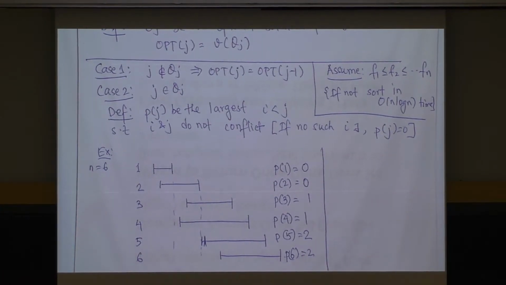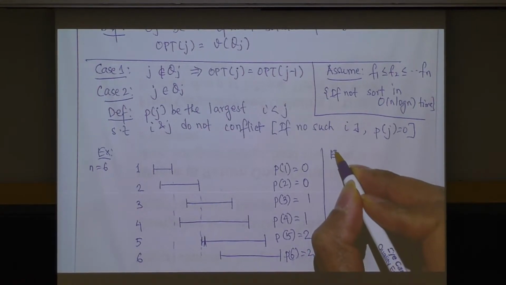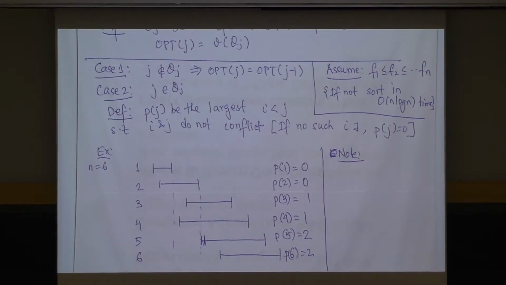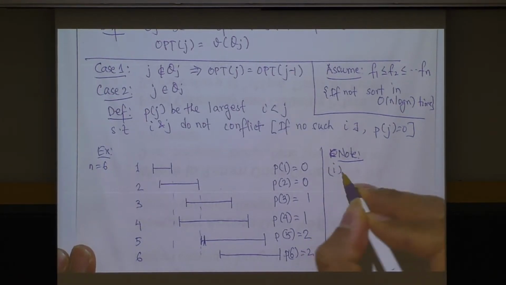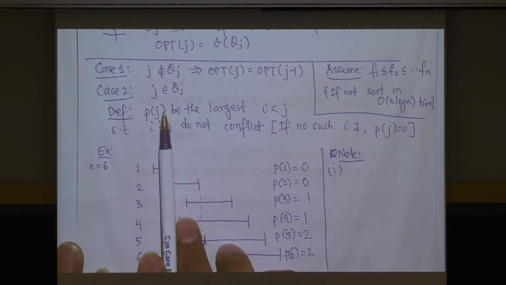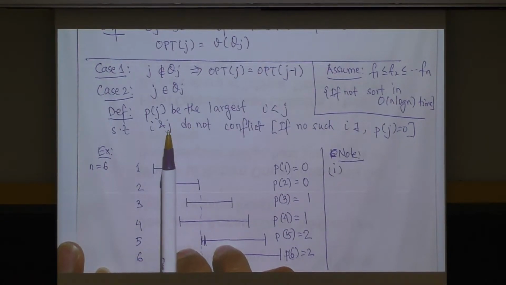Now, why is this interesting? This is interesting because of 2 reasons. I'm not going to argue this, but something for you to go back and convince yourself is true is a good exercise to make sure you understand this definition of P. So the first thing to note is everything that is strictly between P of j and j has a conflict with j.